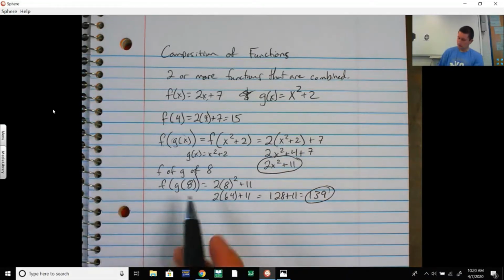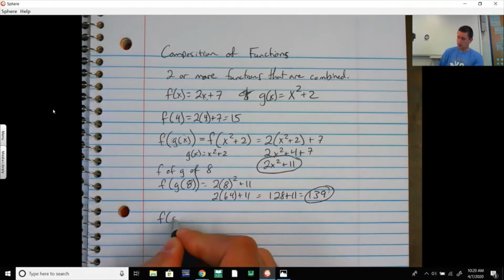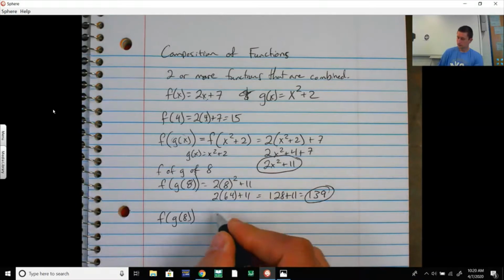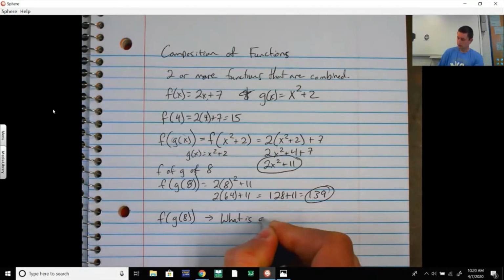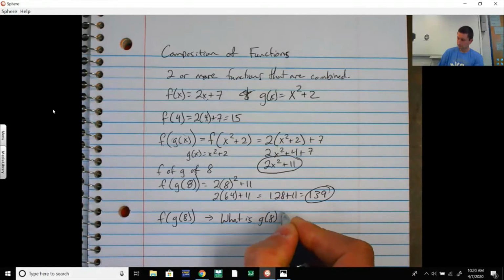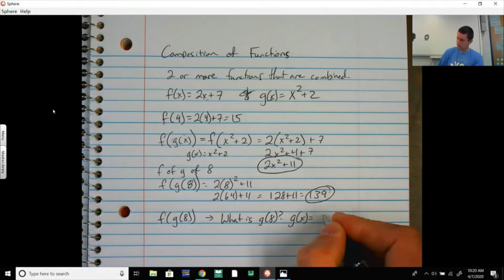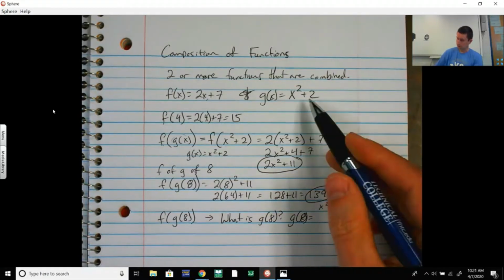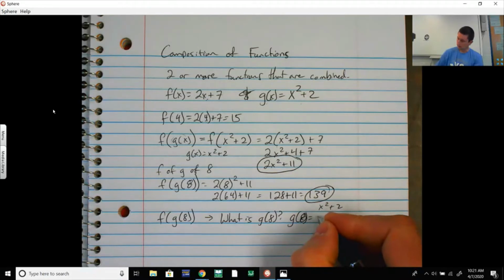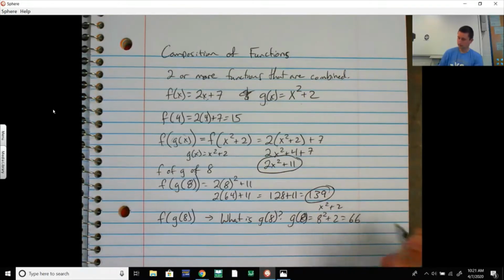The other way is if you have f of g of 8, what is g of 8? Well, g of 8, remember, g of x is x squared plus 2 from above. So that'd be 8 squared plus 2, which is 66.